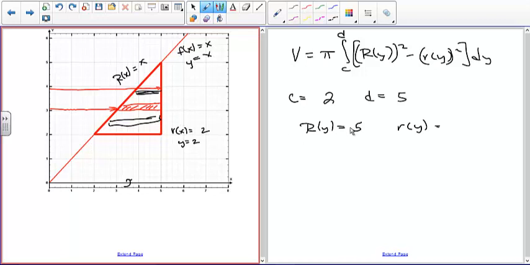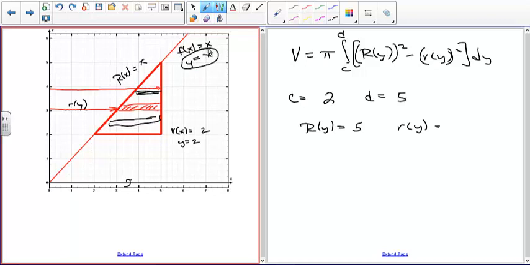Okay, Mikhail, what is small r of y equal to? Don't say x, because that's not y. What was your answer? Well, this is the inside radius. You can see the inside radius is not constant, so it's got to be a function. So here is the function. Y is a function of x.